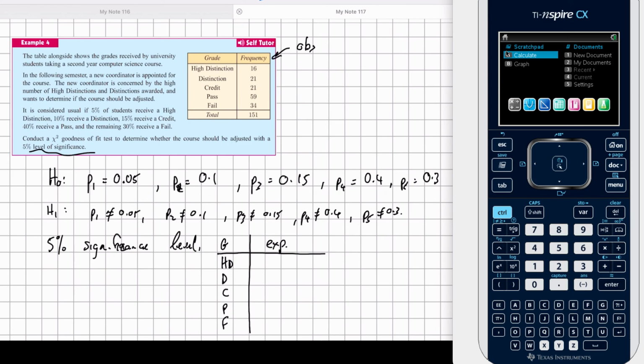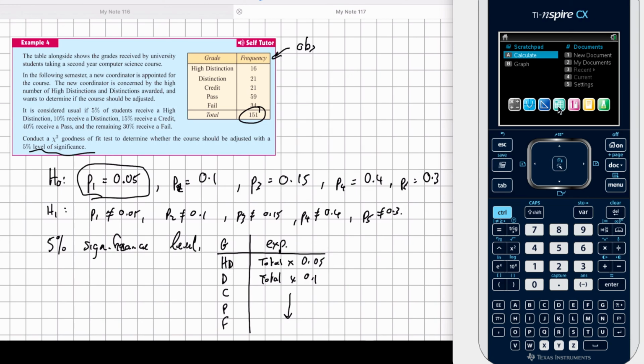To calculate the expected frequency, we need the total number of people and multiply that by the probability of that happening. So for high distinction, it's going to be total times 0.05. Distinction is going to be total times 0.1 all the way down. We've got access to a GDC, so I'm not going to do this by hand, but in an exam you could easily be asked what the expectation is.